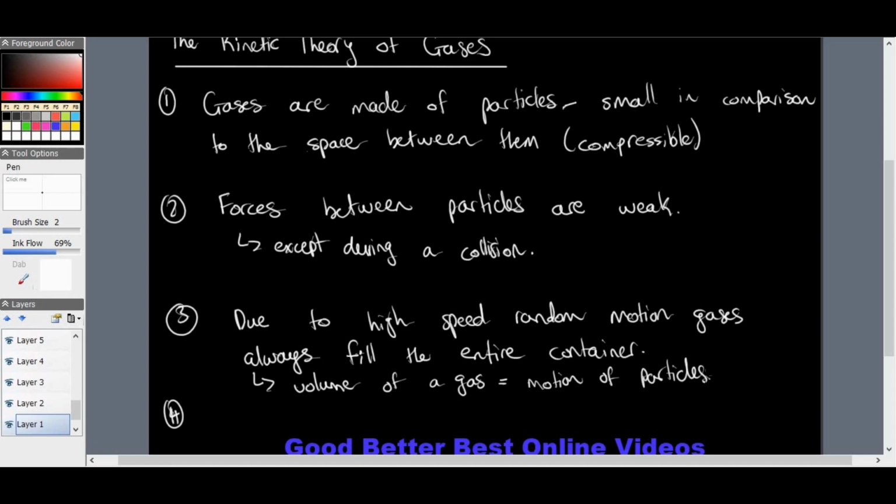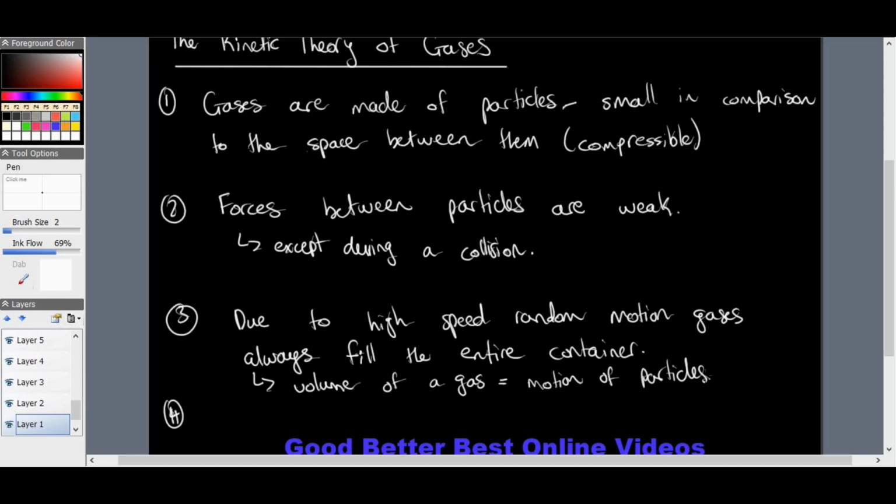So in other words, they are not counted. There could be 500 of them. Just for example, there are 500 gas particles in a container. The volume of that gas is not 500. No, it's the motion of those particles, because they are random and they fill the entire container, that is rather what determines the volume of the gas itself.